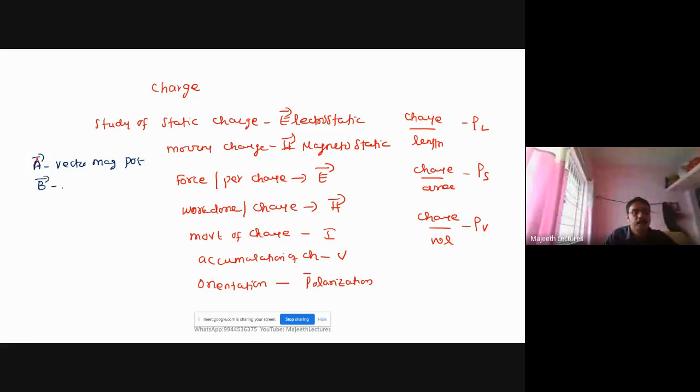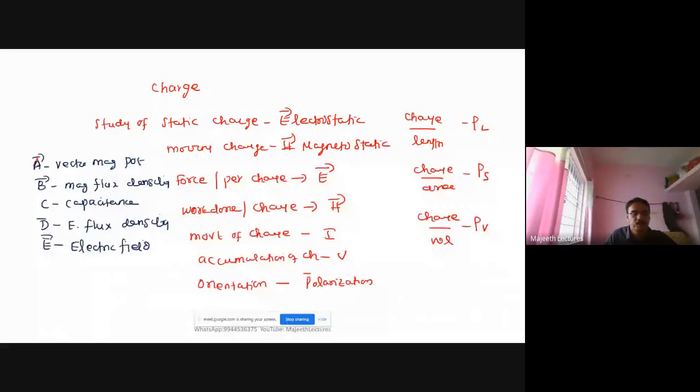B, magnetic flux density. C, capacitance. D, electric flux density. E, electric field. F, force.